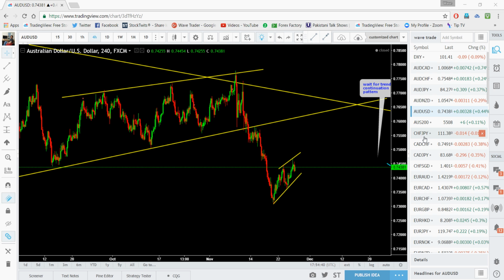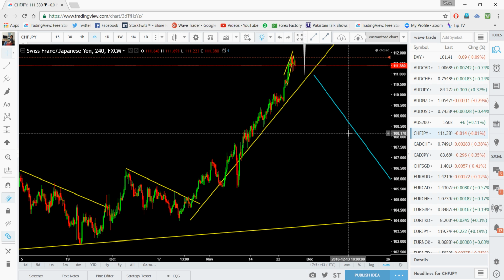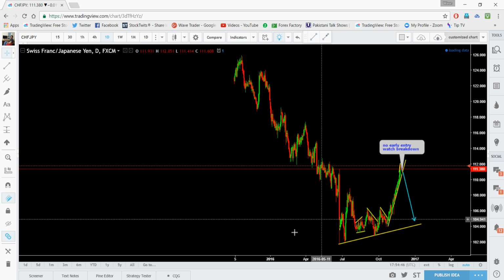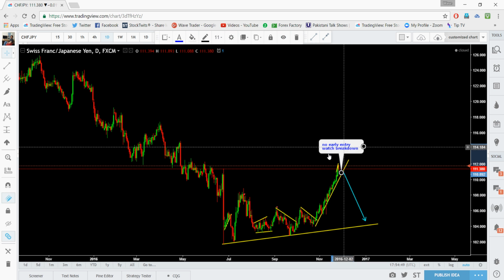Let's look at the next. So Chief Yen gonna break down. We are still short on this, so it has to break down. We are relying at the moment on this. Some of you guys are just getting into the market without a break, based on indication. Remember, if you are selling based on your indication, then you are taking risk.